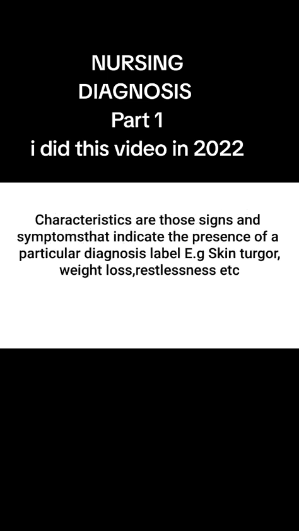It can be drafted from pathophysiology or from environmental factors. Characteristics is the cluster of signs and symptoms that indicate the presence of a particular diagnostic label, e.g. skin turgor, weight loss, restlessness, and so on.